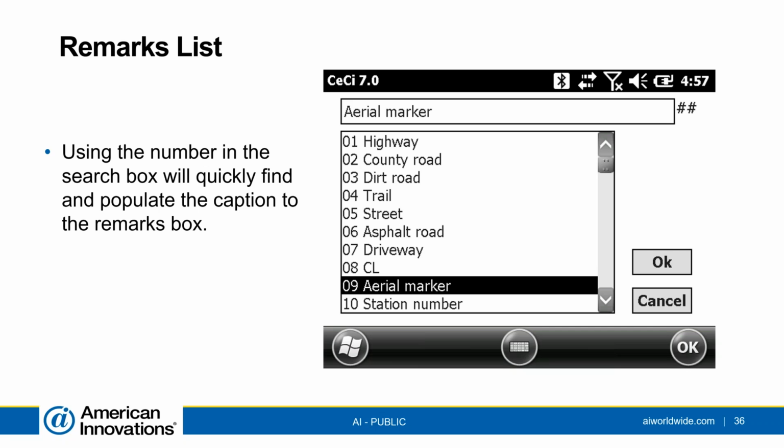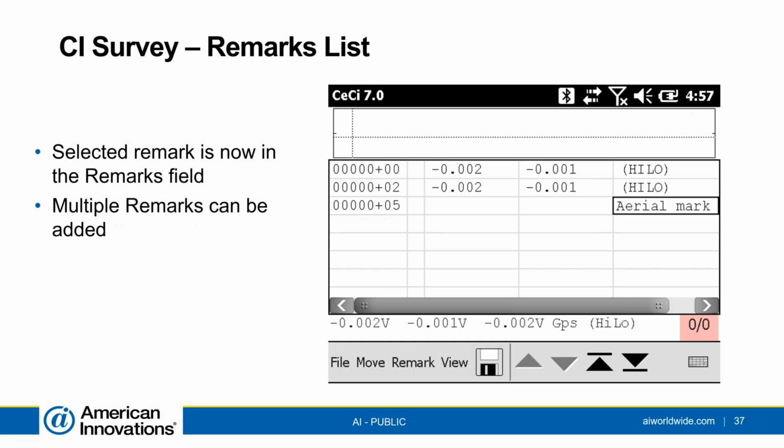It will bring up this window here. So like on this particular one, all I have to do is type in 09 and it puts in aerial marker. I don't have to type it out every time. It's a quick and easy way to do this. And it will put aerial marker in there within my remarks field.